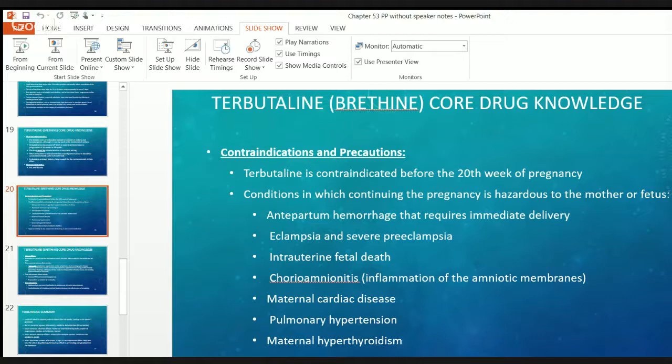And again, it is contraindicated, at least as of 2011, for oral use. Additional contraindications for using terbutaline will be hypovolemia, cardiac arrhythmias associated with tachycardia or digitalis toxicity, uncontrolled hypertension, and pheochromocytoma, which is a hypertension-producing tumor of the adrenal glands.